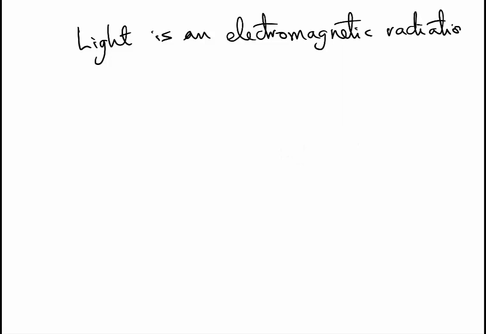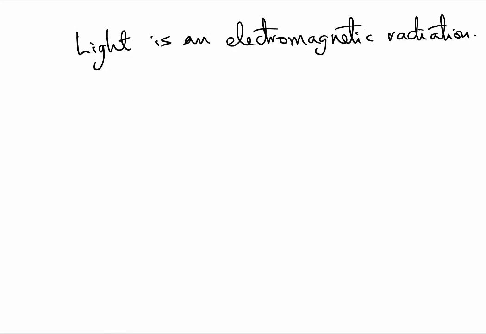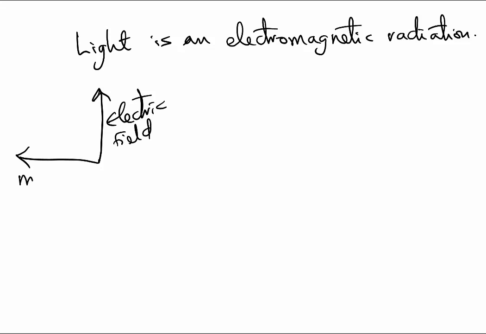What does that mean? It means that when the electric field interacts with magnetic field, the result of the interaction is what is known as light.